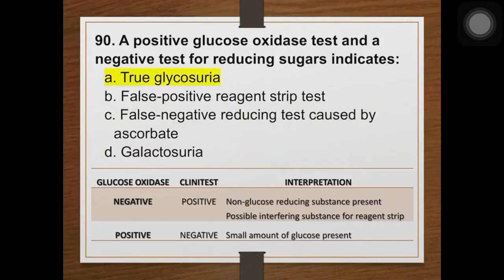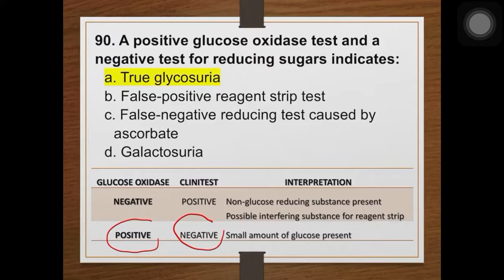Number 90, a positive glucose oxidase test and a negative test for reducing sugar indicate a true glycosuria or true glucosuria. Ang reagent pad po natin for glucose, hindi lang po siya specific for glucose, but it is also more sensitive to glucose. Pag sinabing more sensitive, meaning it can detect low amount of glucose.